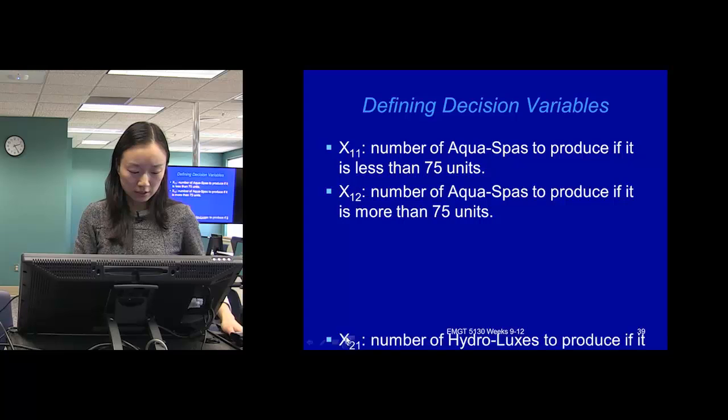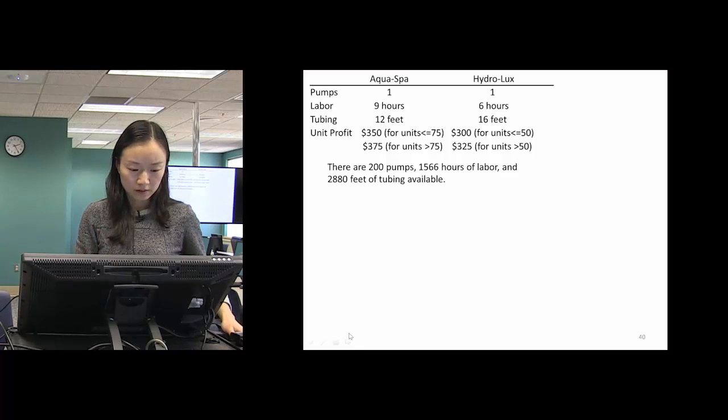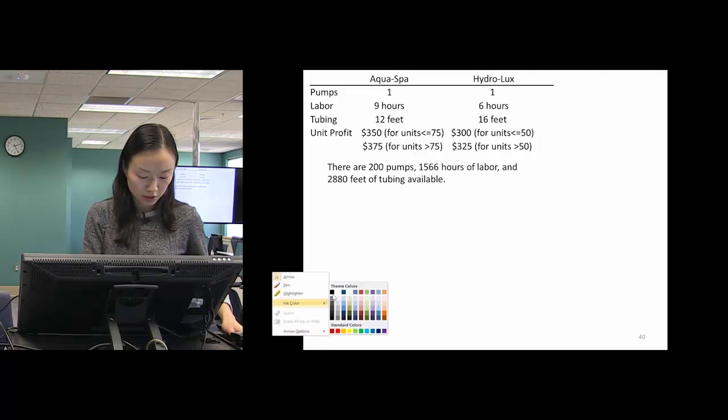With the same logic, for hydrolysis, we have another 2 variables representing the same thing, and with them we can write our objective function.